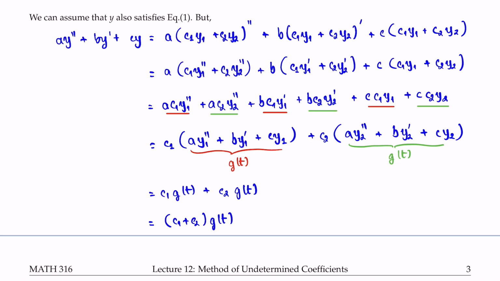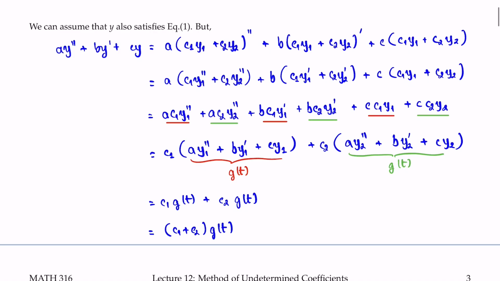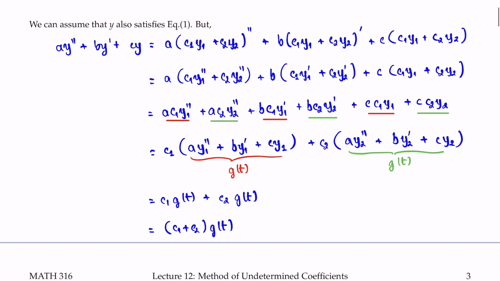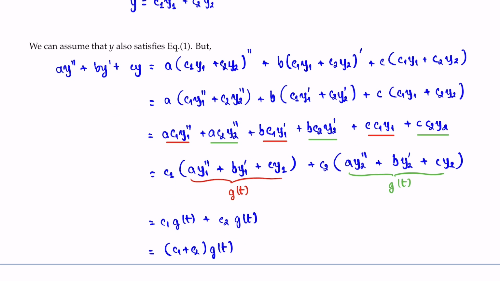So we made an assumption on the general solution, that it is the linear combination of y1 and y2 with c1 and c2. We want to check if that linear combination is also a solution to the differential equation. And so we substitute this into the left-hand side of the differential equation, and hopefully we get g of t by itself.